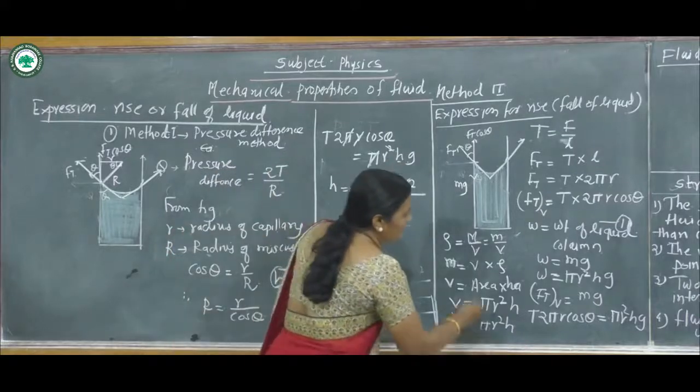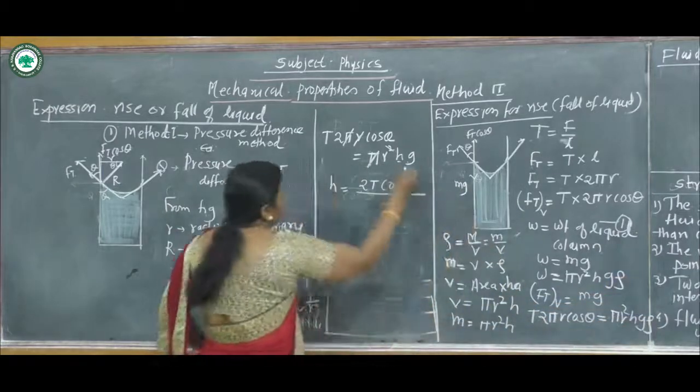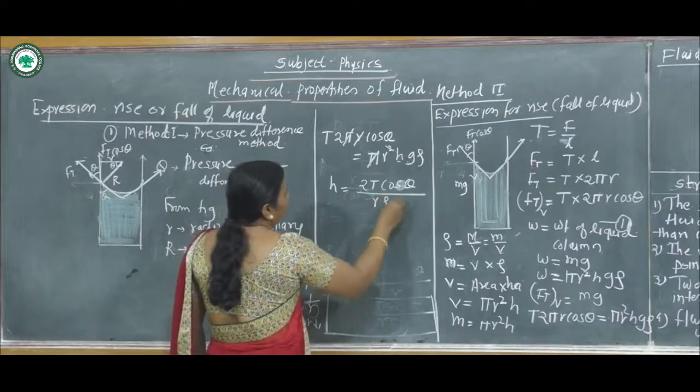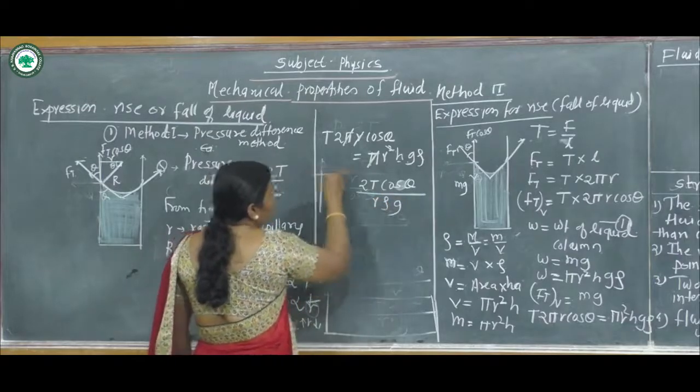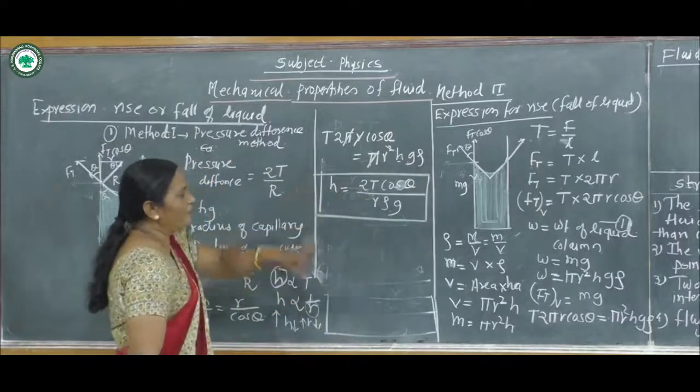That is, h is equal to 2T cos theta divided by r rho g, which gives the rise and fall of the liquid level in a capillary tube.